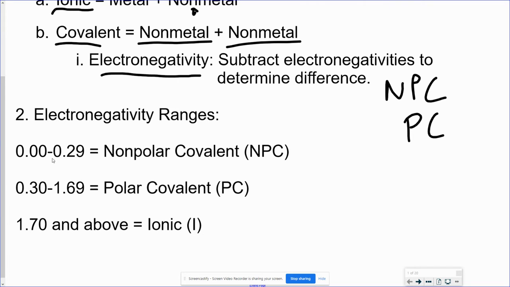As a reminder, here are the ranges. As soon as you know it's a metal and a nonmetal, it's ionic. Just stop there. You don't even have to do the electronegativity difference.